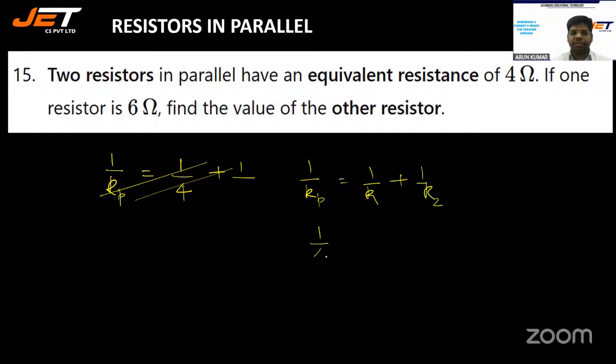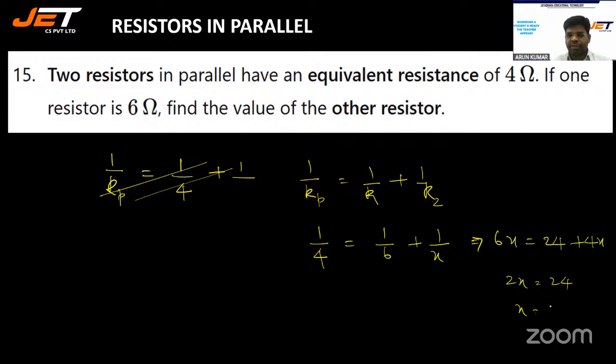RP is given as 4, so 1 by 4 is equal to 1 by 6 plus 1 by X. Let's assume X is unknown. So I'll solve for X now. 6X is equal to 24 plus 4X. So 2X is equal to 24. X is equal to 12.